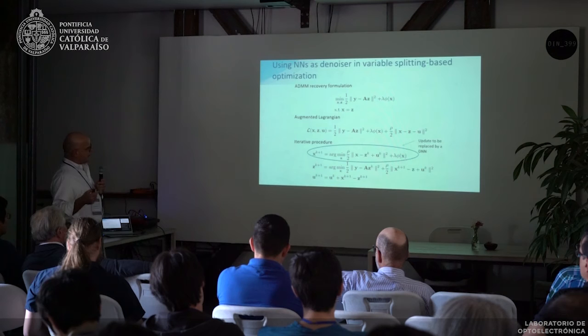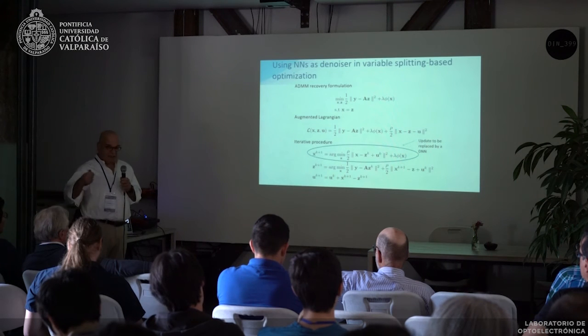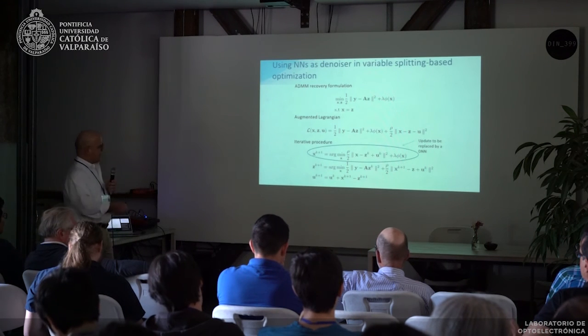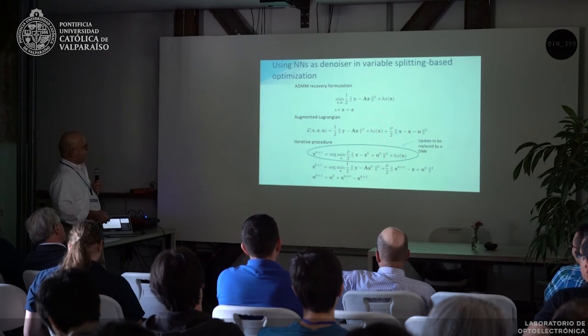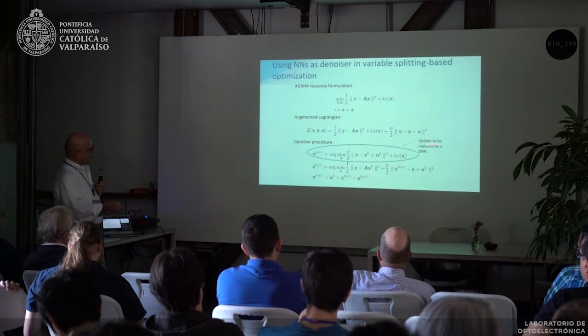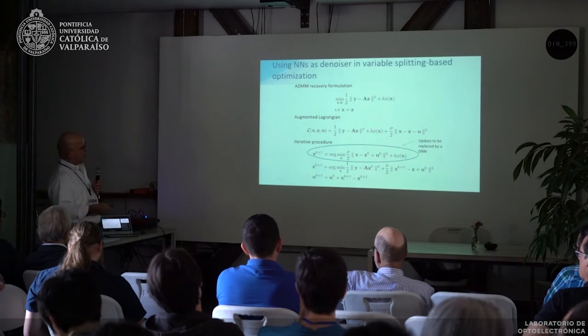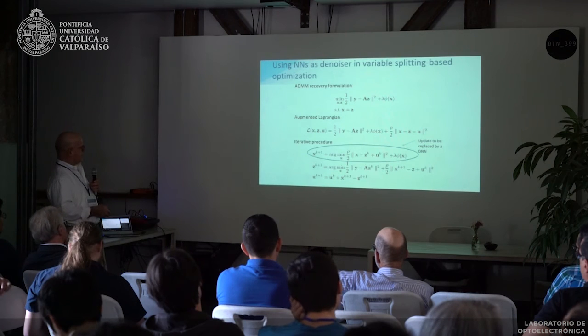Some people refer to this as the plug and play approach, in the sense that I can use anything here, right? The word of caution is that when you train this neural net, if you train it with white Gaussian noise, it will not be the best one.